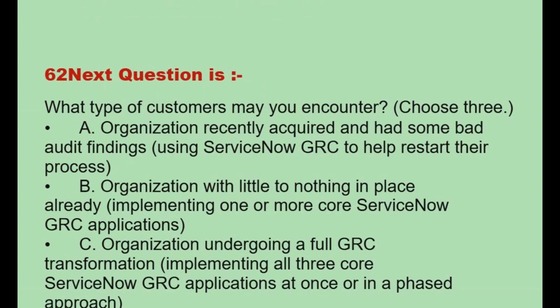Question is, what type of customers may you encounter? Choose three options. Option A, organization recently acquired and had some bad audit findings, that is using ServiceNow GRC to help restart their process. Option B, organization with little to nothing in place already, that is implementing one or more core ServiceNow GRC applications.